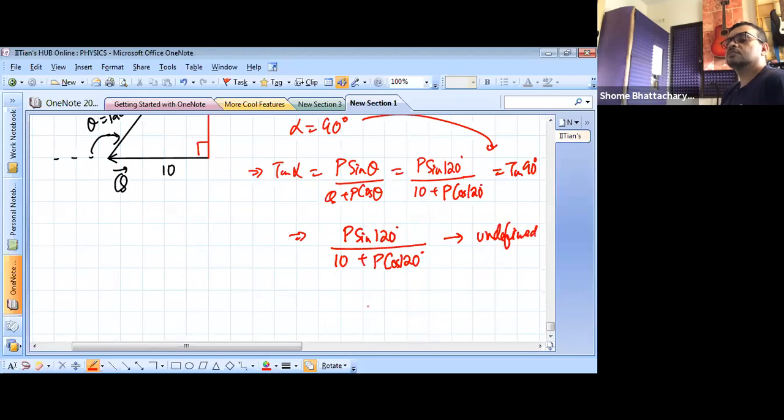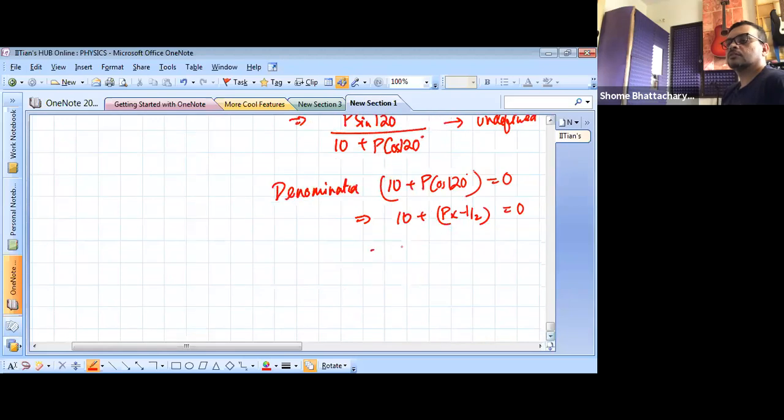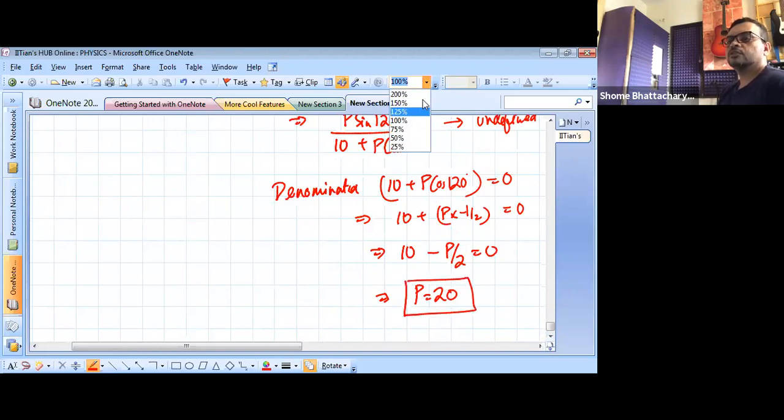So undefined means the denominator should be 0. It is 10 plus P cos 120. That should be 0. So 10 plus P into minus half. So this will now give you the required answer. So it's a little bit more complicated to do this geometrically. Easier to do it by component algebra.